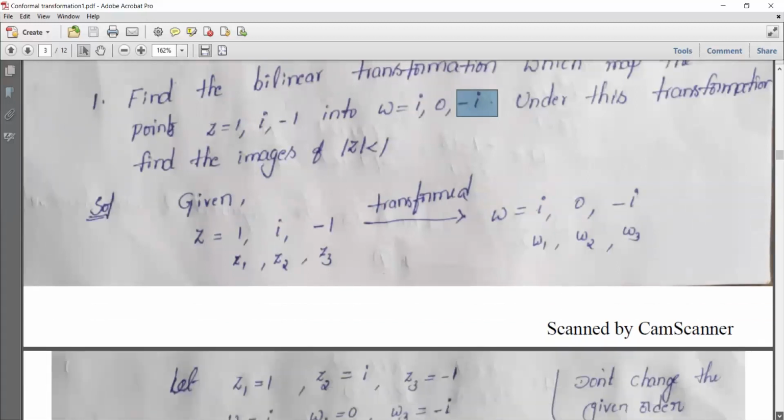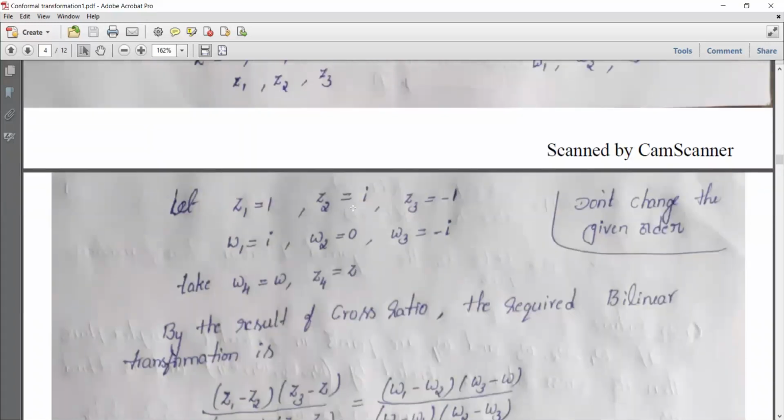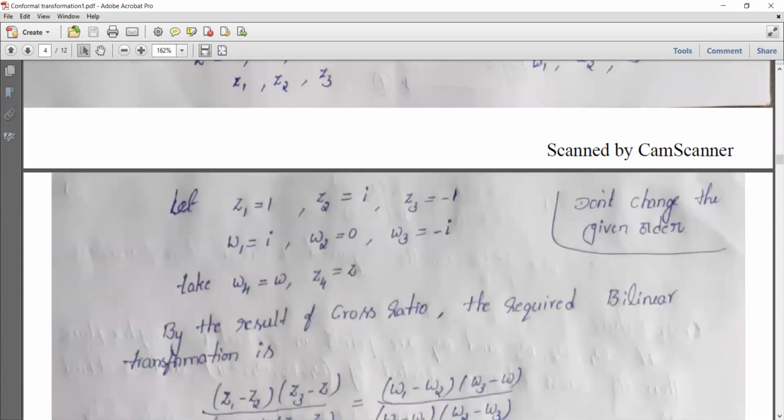So now take Z1 equal to 1, Z2 equal to I, Z3 equal to minus 1. W1 equal to I, W2 equal to 0, W3 equal to minus I. Here we don't have a fourth point Z4 in Z plane and its corresponding image in W plane, that is W4.